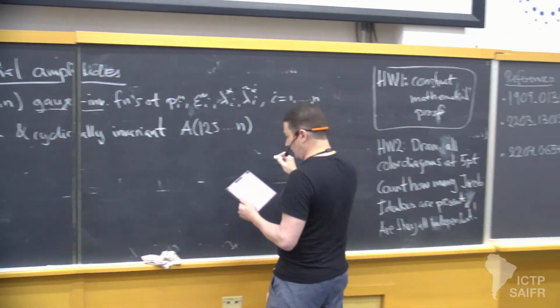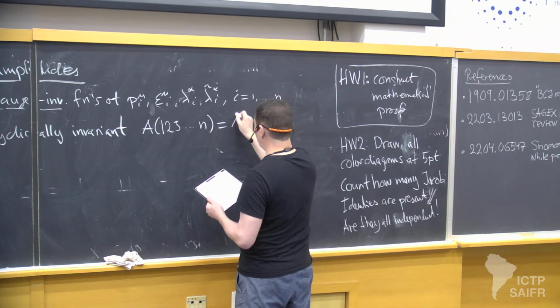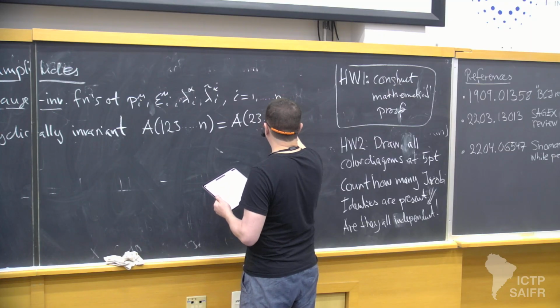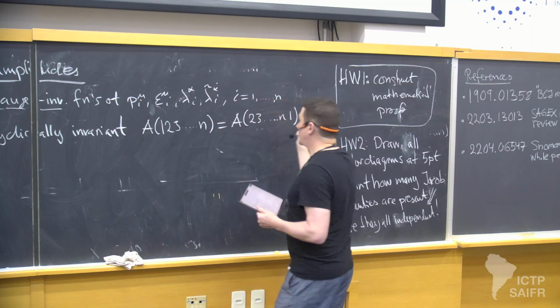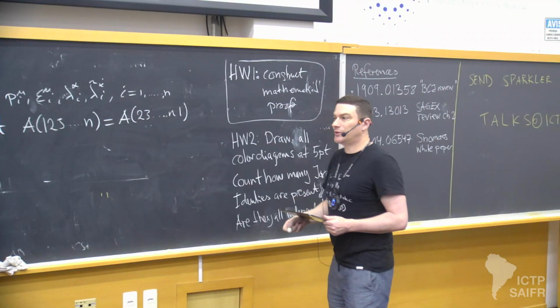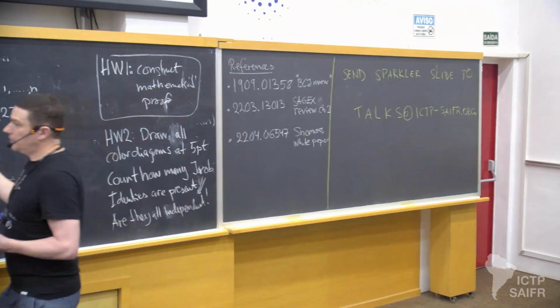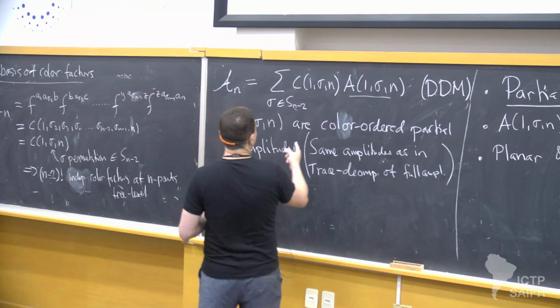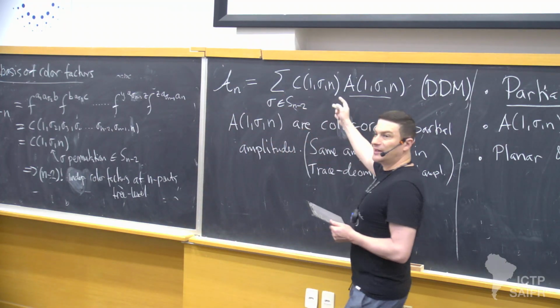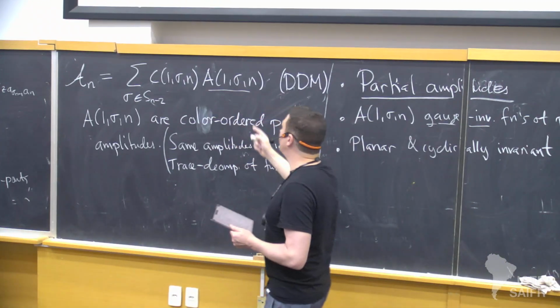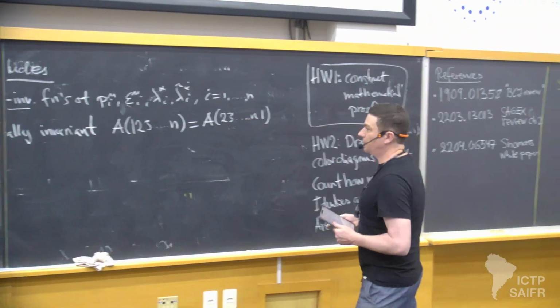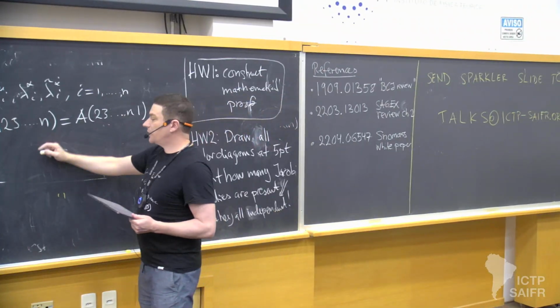Sometimes I write commas, sometimes I don't. It's a bit random, I guess. 2, 3, ..., n, and 1. So I can just do a cyclic permutation and the amplitude stays the same. And note that that's a permutation which I didn't actually allow here, so it goes outside of this sum. But you can write down those amplitudes, and they're the same by cyclic symmetry.